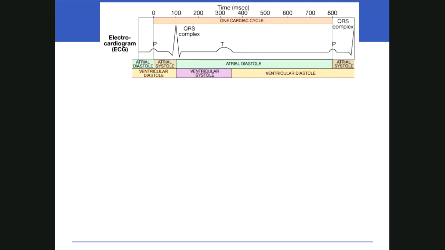So, again, you need to think about systole like squeezing. The heart is squeezing together. And when you squeeze something, you increase the pressure inside it. And so what we're going to see is an increase in pressure.